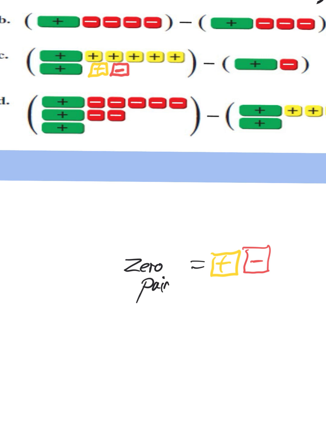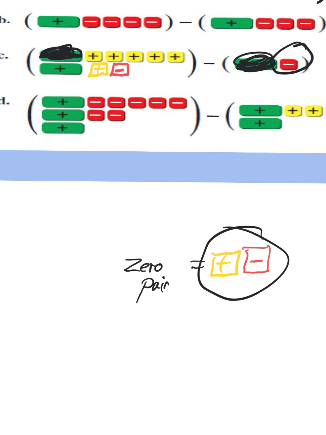All right, now that I did this, let's see if I can subtract. I'm supposed to take away 1x, so I will do that. So I get rid of 1x, and I'm supposed to get rid of 1 red, 1 negative 1, which, hey, look, now I can do this. It's right here.